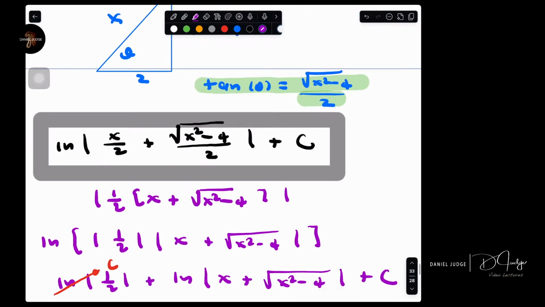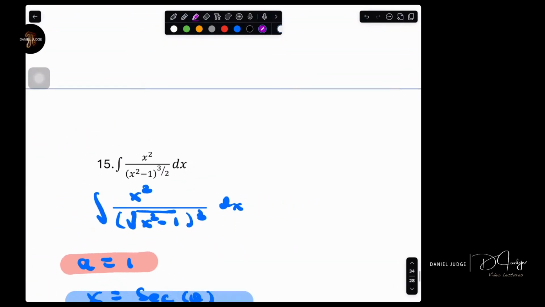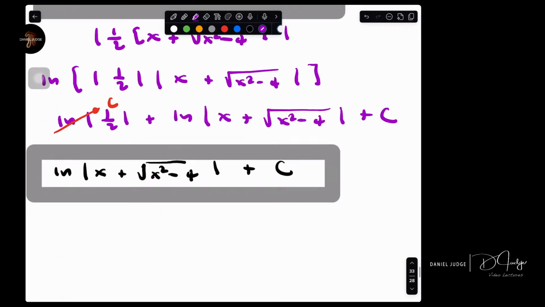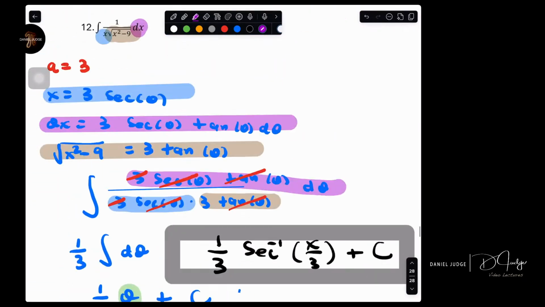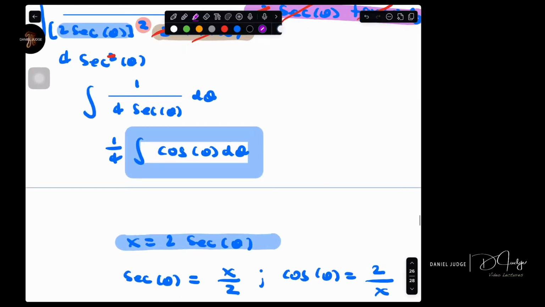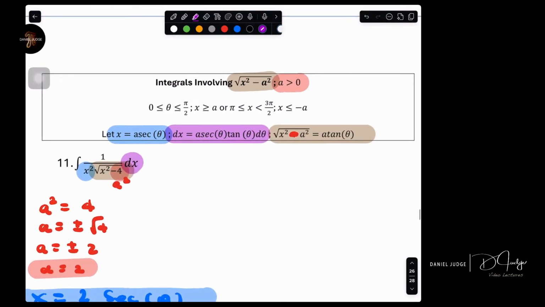Remember, this is the integral of the form square root of x squared minus a squared. So going back up here just to remind you of this, this is what we're using.